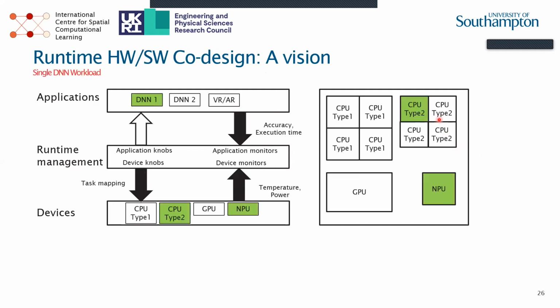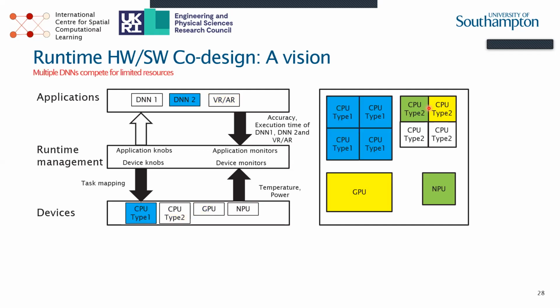So you can deploy the network on the NPU and use a CPU to do the co-processing, pre-processing or post-processing. Later on, you have another application you want to deploy on the system, such as VR or AR, which can only run on GPU. So we deploy the application on the GPU with another CPU to do the co-processing.